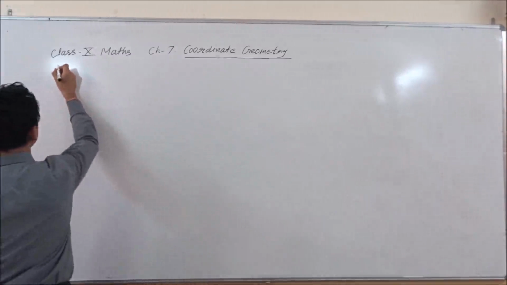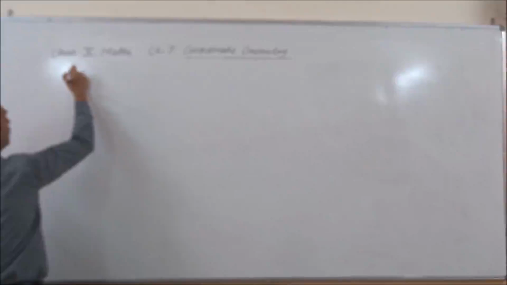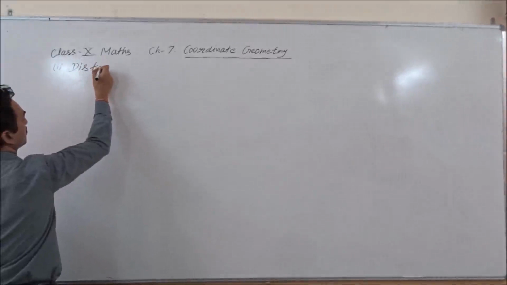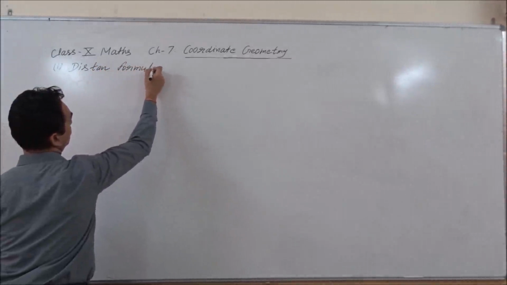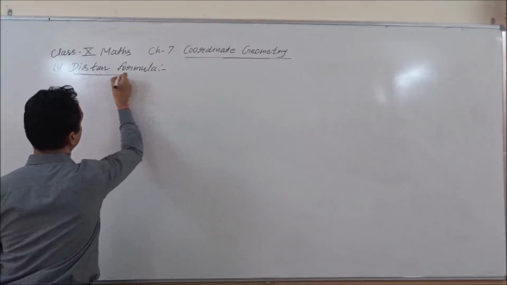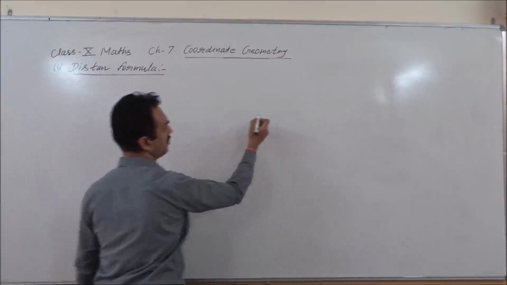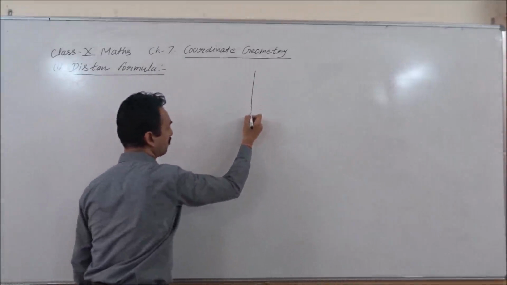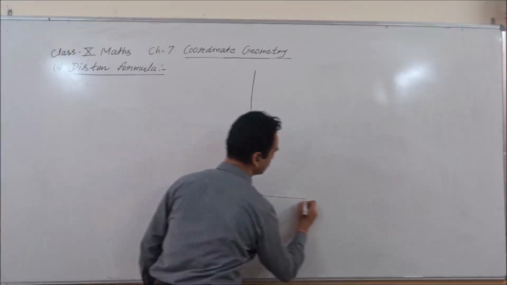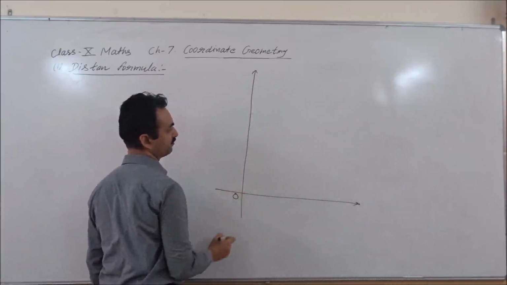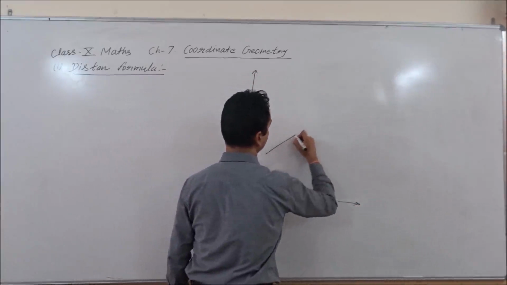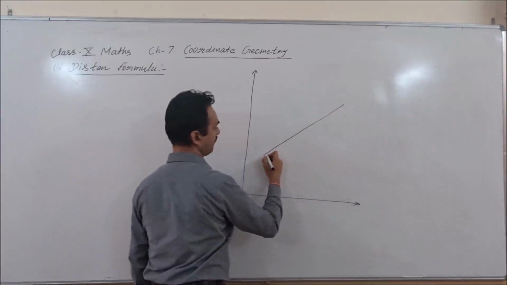First of all, distance formula. Suppose this is a Cartesian plane, this is the origin point O, and this is a line segment.